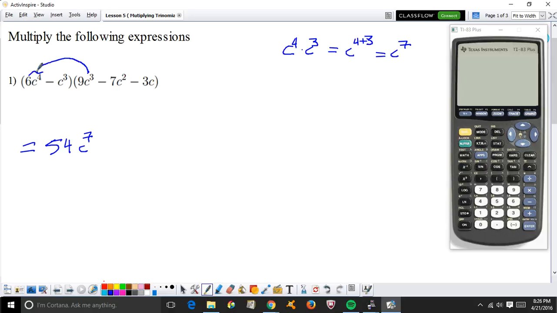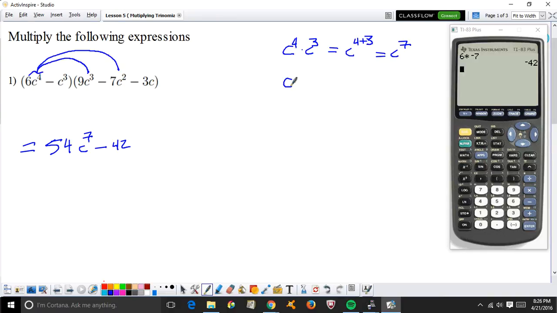Okay, now we distribute with the next term. Positive times a negative is a negative. 6 and 7. So 6 times negative 7, we got negative 42. And again, if you're multiplying and you have the same base, then you add exponents.